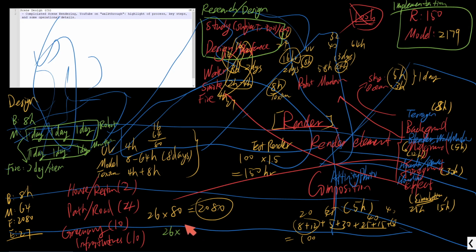Each day is 8 hours, 24 hours, so 26 times 24, which gives us 664 hours for the research. And the effect, probably you can get it done in at most 2 days.